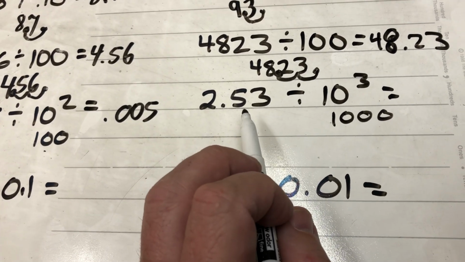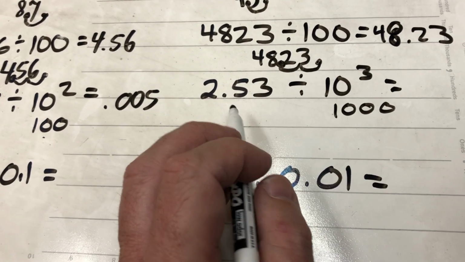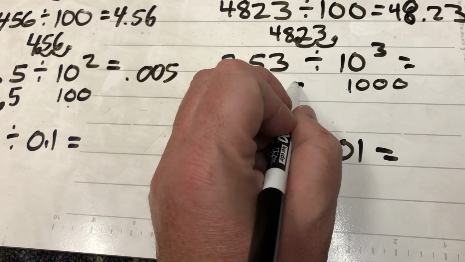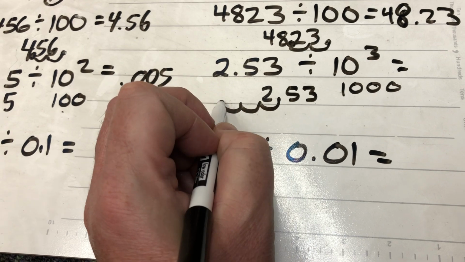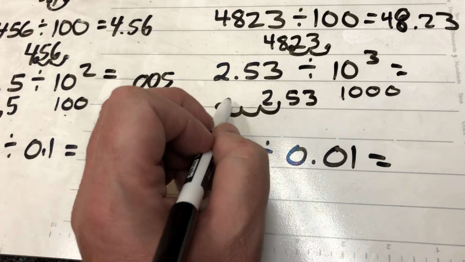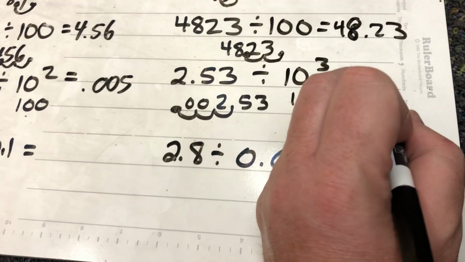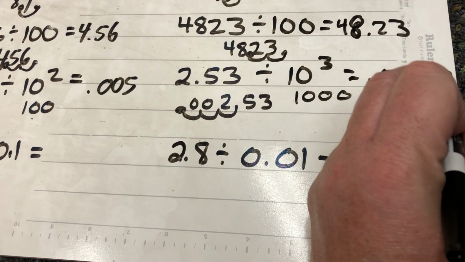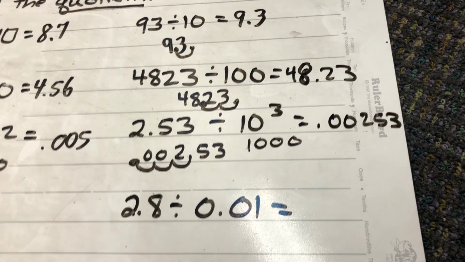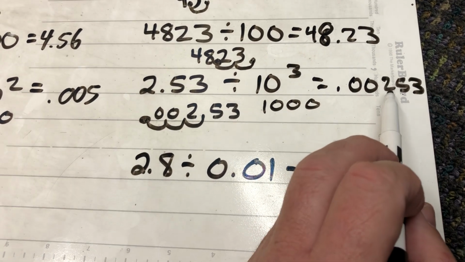If I have 2 53/100 and I move that decimal once, twice, 3 times to the left, I fill those empty spots in with zeros, I end up with decimal 0.00253, or 253/100,000ths: tenths, hundredths, thousandths, 10,000ths, 100,000ths.